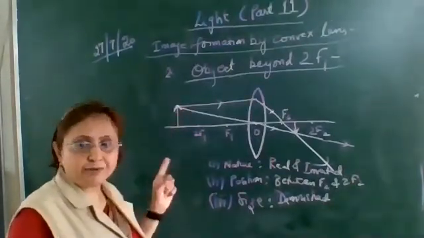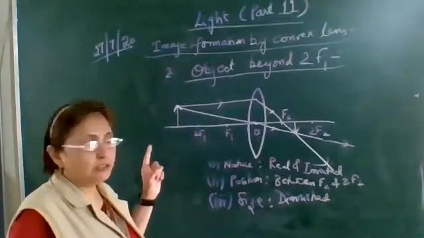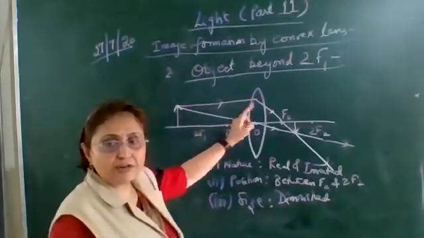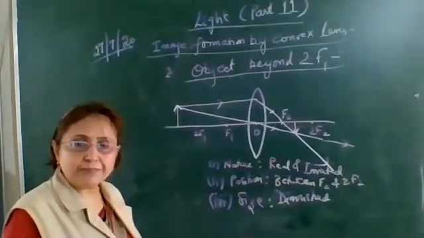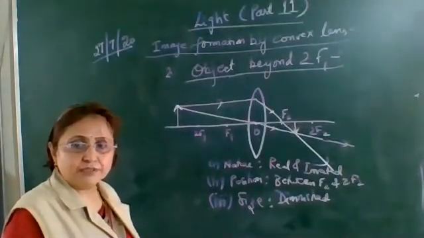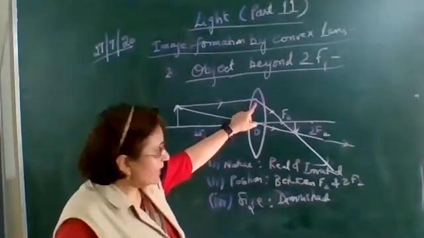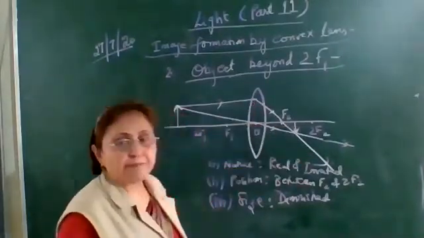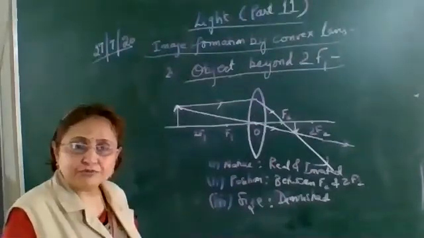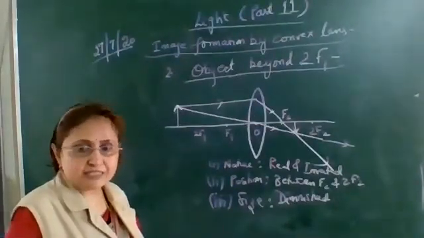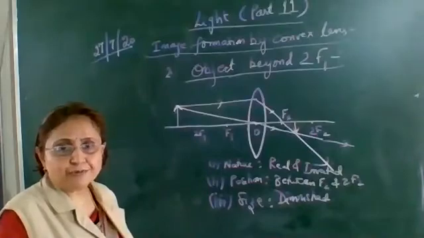Now from the tip of the object, draw the first incident ray parallel to the principal axis, and after refraction, pass it through the focus F2, the focus on the other side.